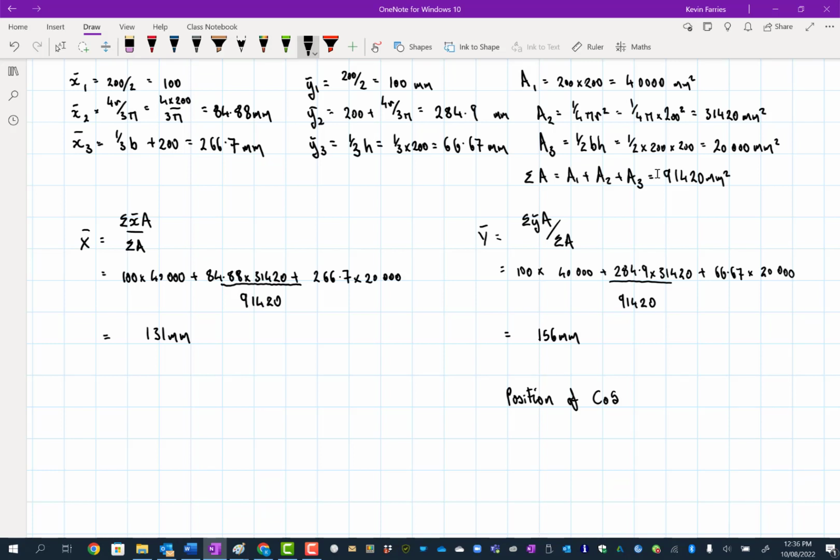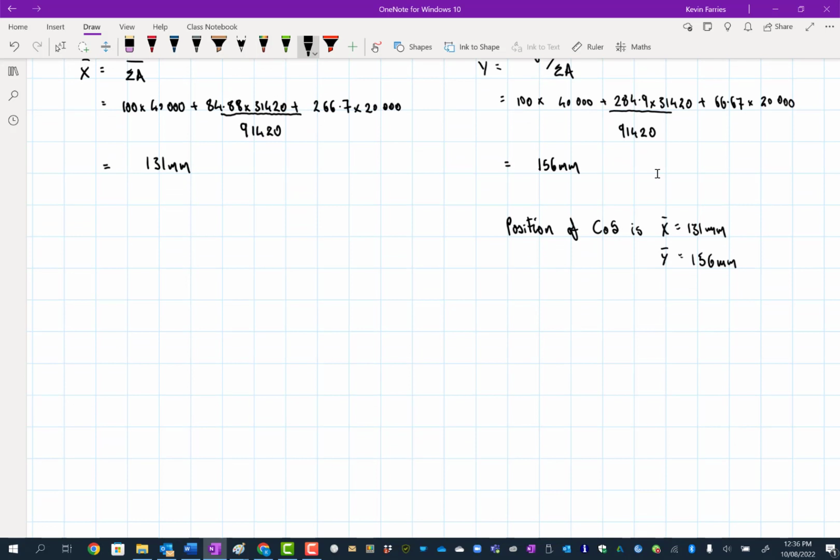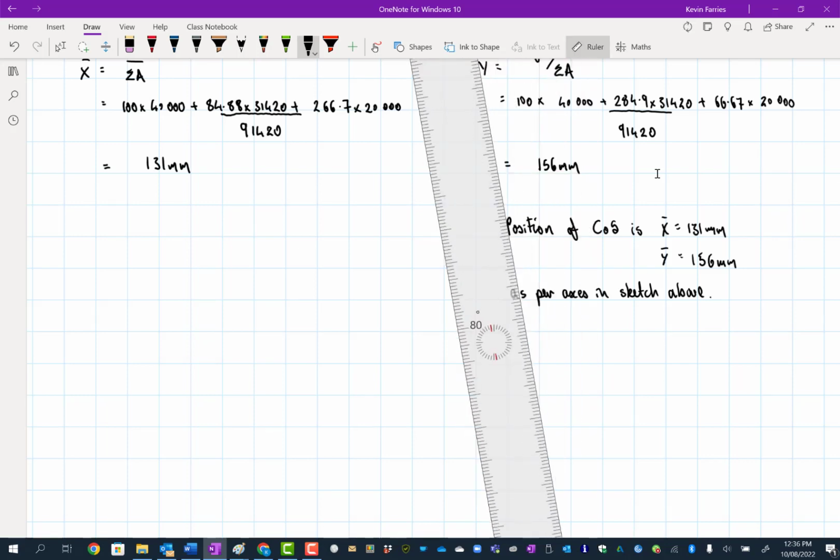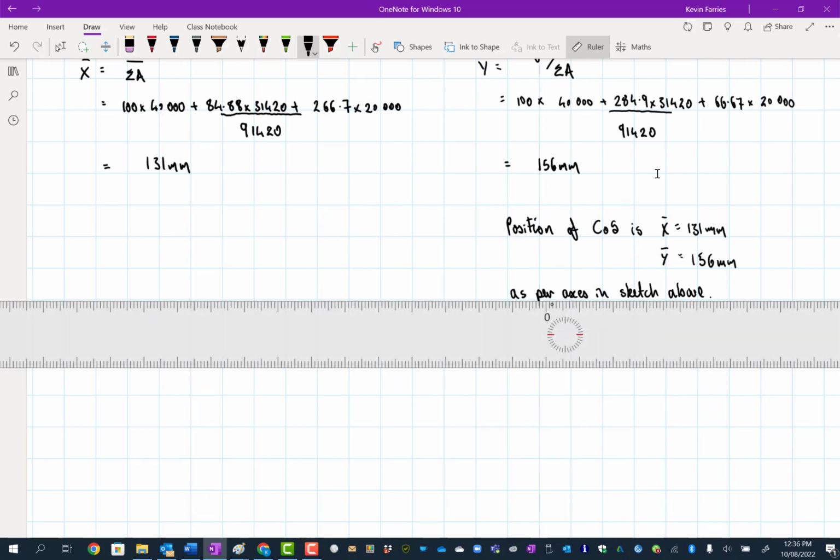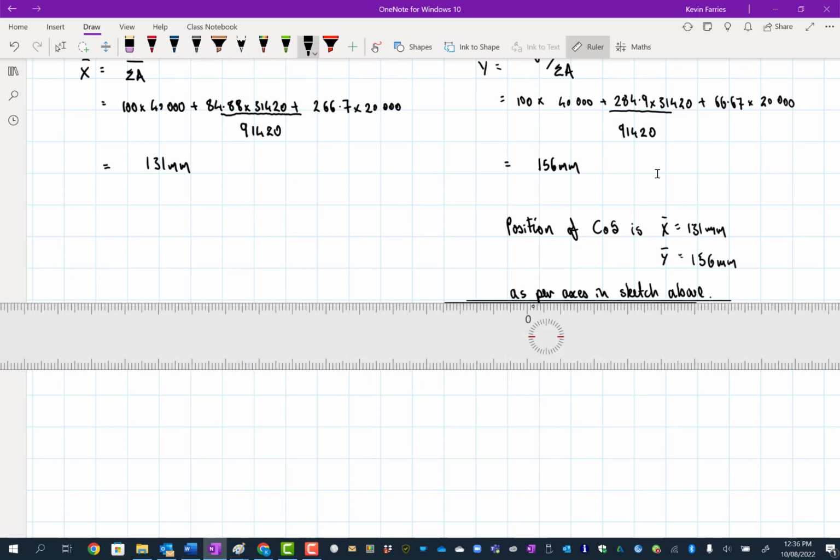But it asked us for the position of the center of gravity: x bar equals 131 millimeters, sorry about my writing, and y bar is equal to 156 millimeters. I'm just going to write as per axes in sketch above. It just saves me writing too much here, saying it's from the bottom left-hand corner of the shape or something. Whoever's having a look at these can then look at my sketch and figure out what I mean. And that's just got our answer.